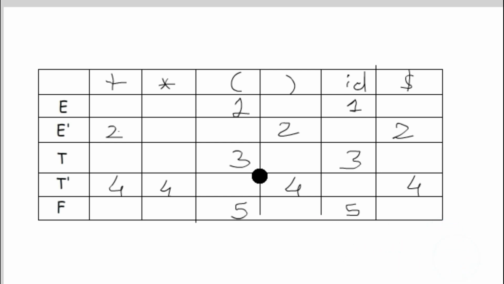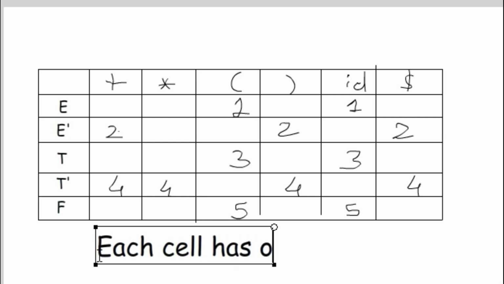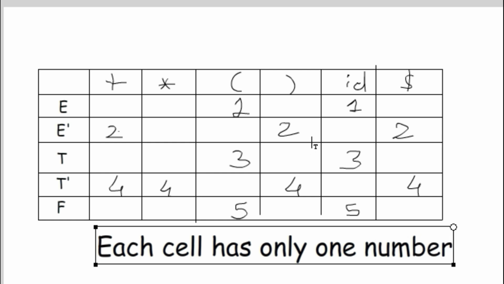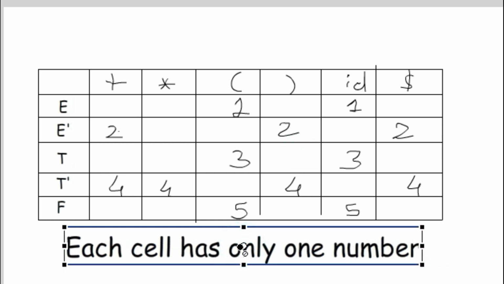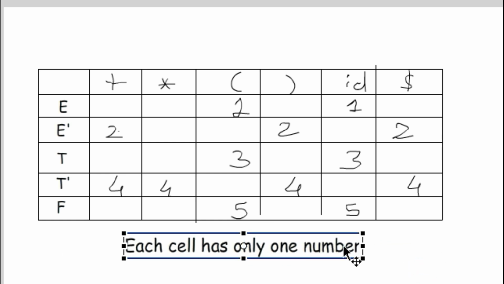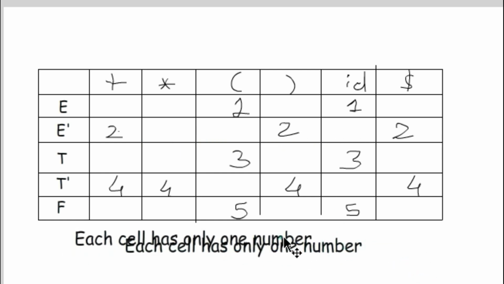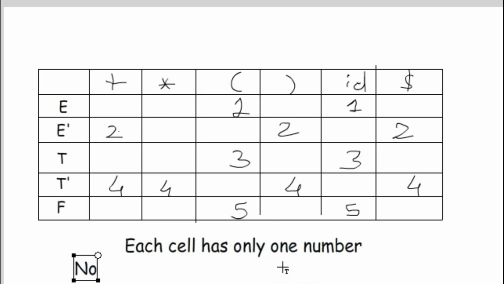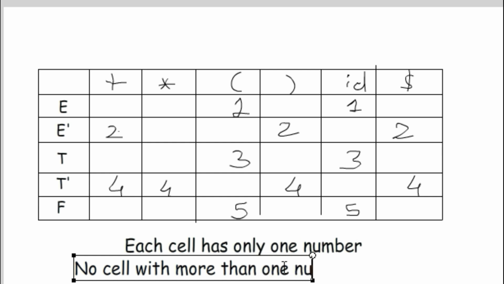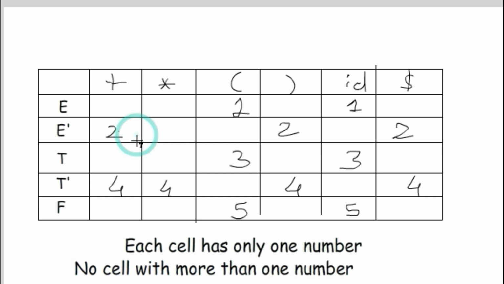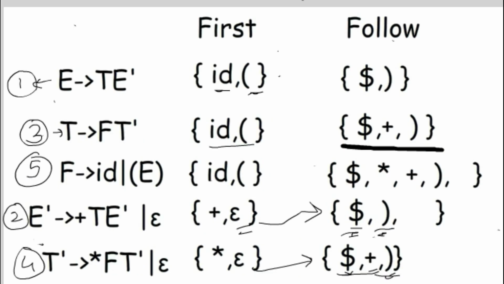But in this case, each cell has only one number and no cell has more than one number, so we can say that the given grammar is LL1.